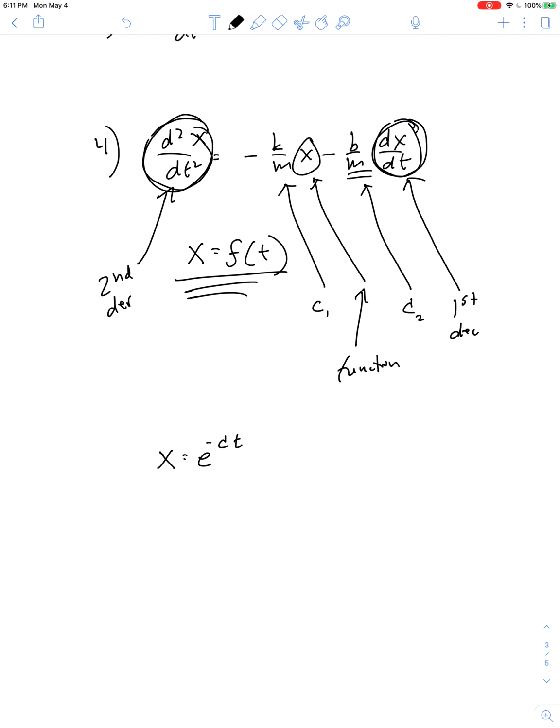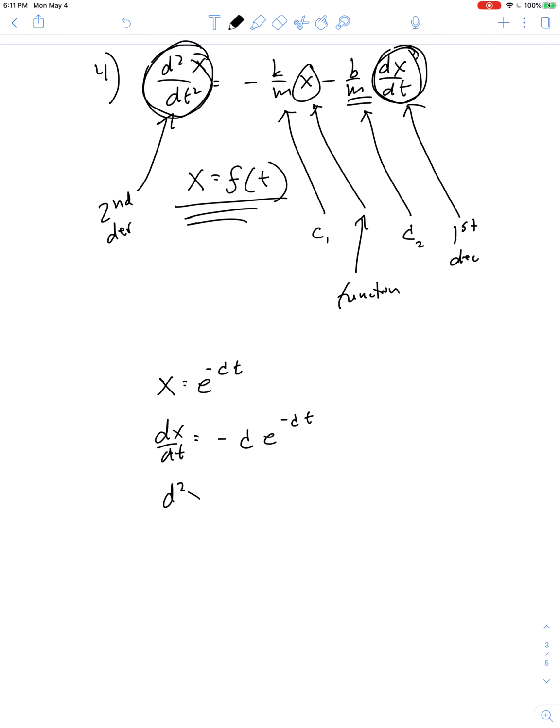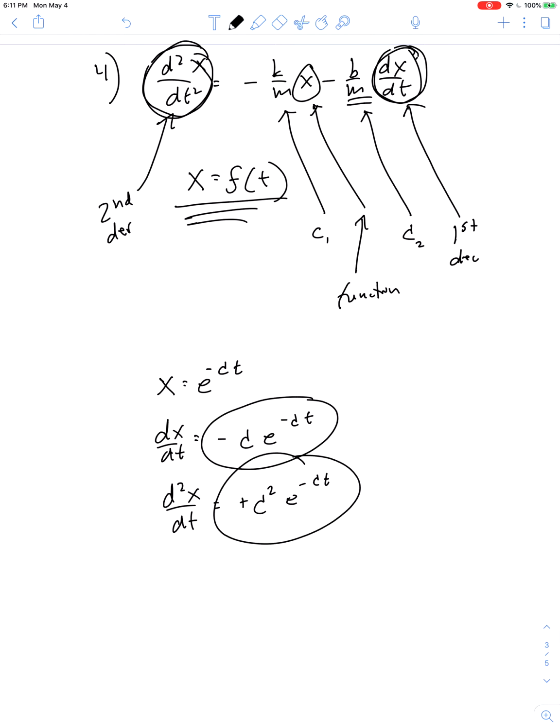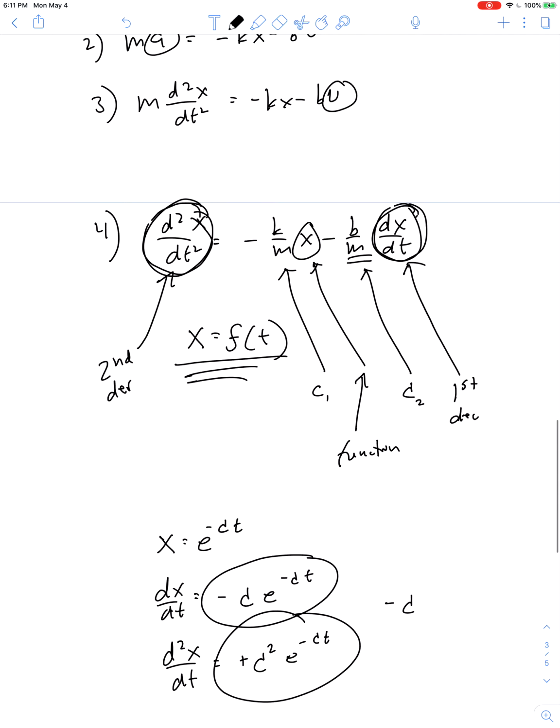The first derivative, dx/dt, is negative c e to the negative ct, and the second derivative is equal to positive c squared e to the negative ct. So these two expressions differ from each other just by a factor of negative c. In other words, the second derivative is the first derivative multiplied by a negative constant.